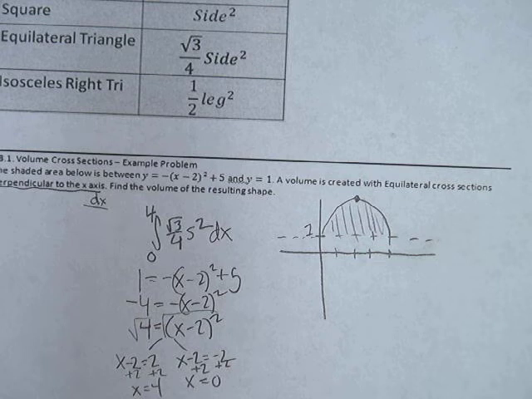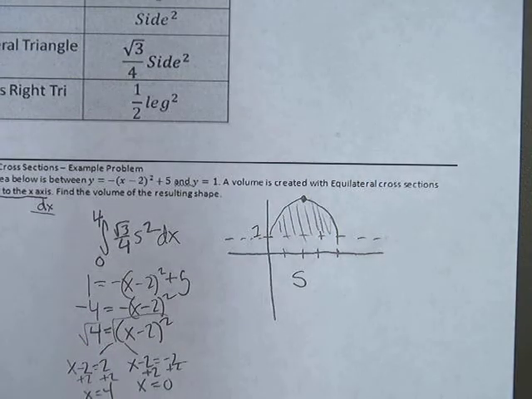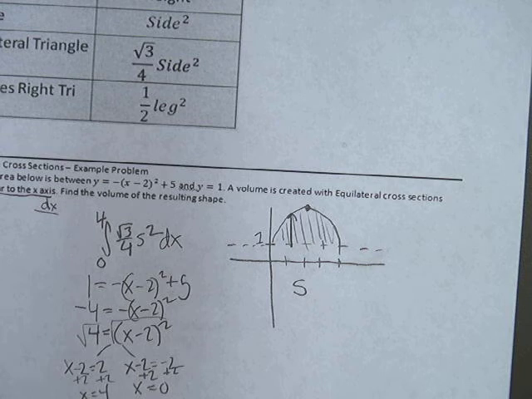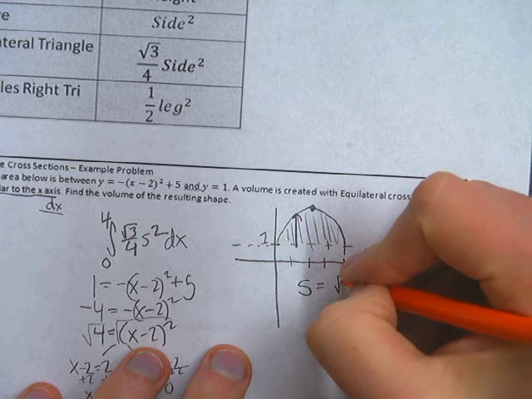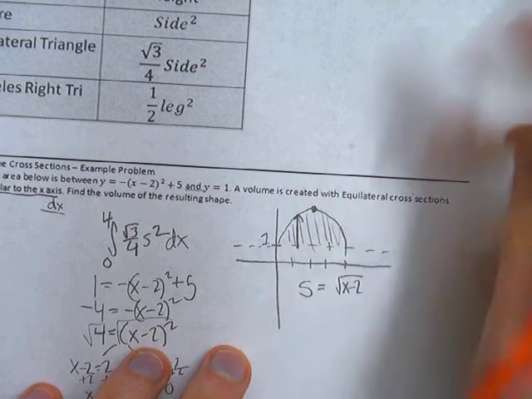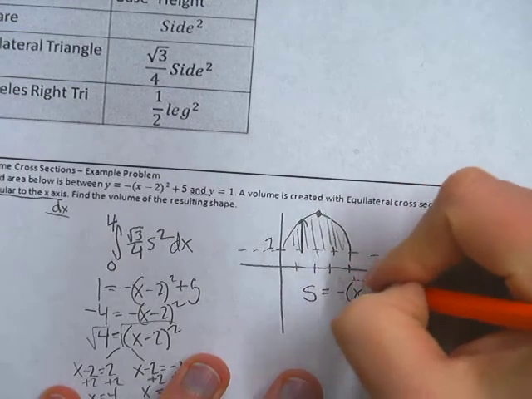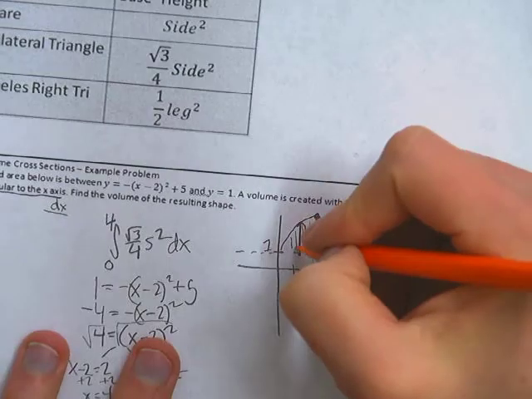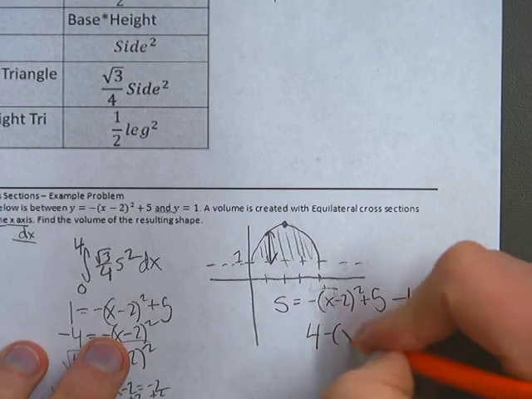So our next thing to do is to figure out what side is. So our side length in this is the height from here to here. So it's our graph, negative x minus 2 squared plus 5. That's the top equation minus the bottom equation, which is 1. So it's actually just 4 minus x minus 2 squared.